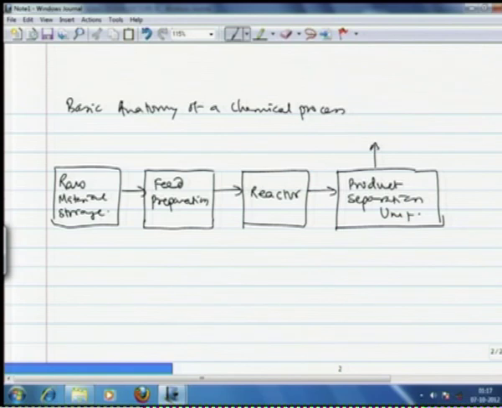This removes the byproduct, the main product, and also the unreacted reactant, which is recycled back to the reactor.